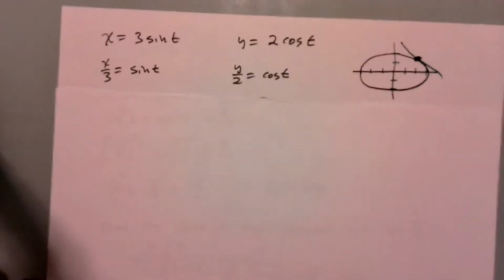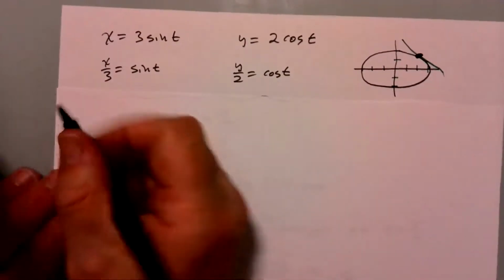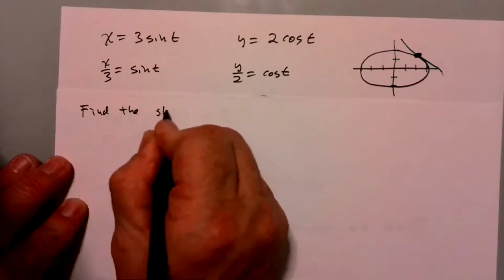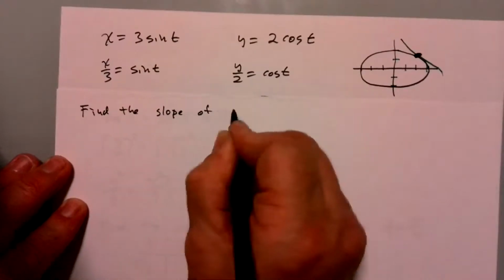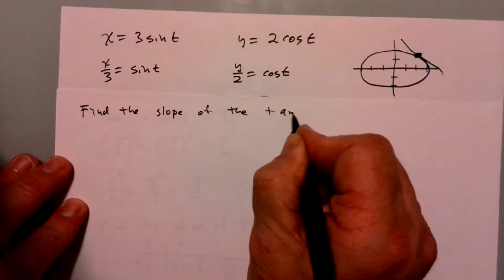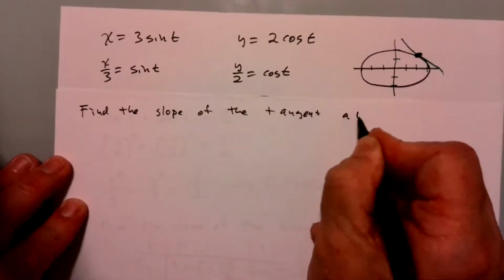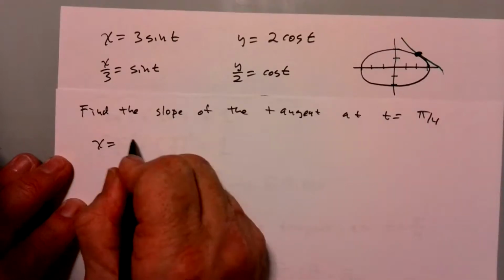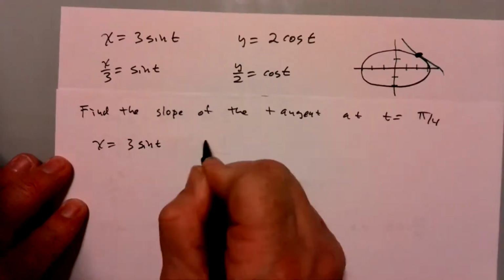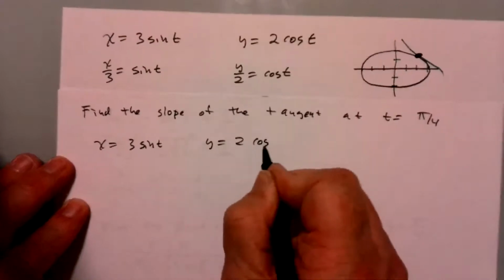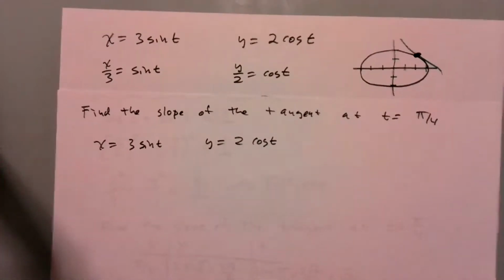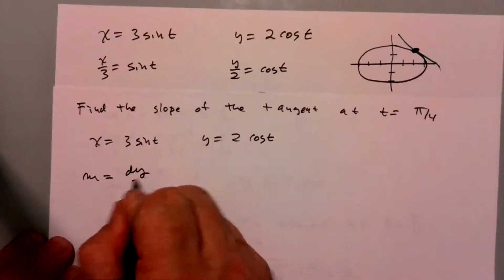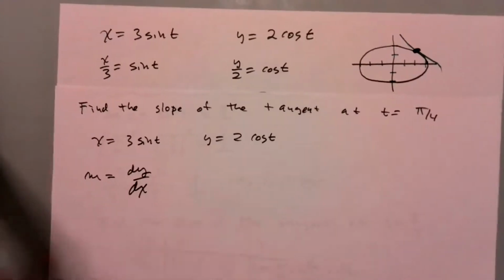Again, our question is, find the slope of the tangent at t equals pi over 4. And again, we have x is 3 sine t, y is 2 cos t. But the slope of the tangent is what in calculus? The slope m is, of course, dy dx.